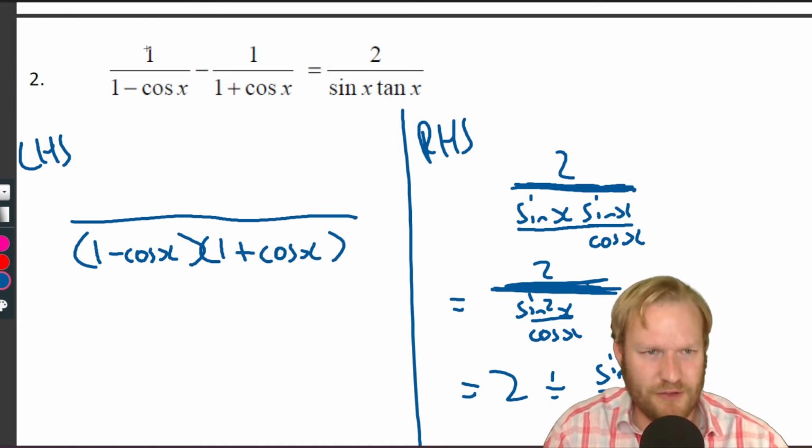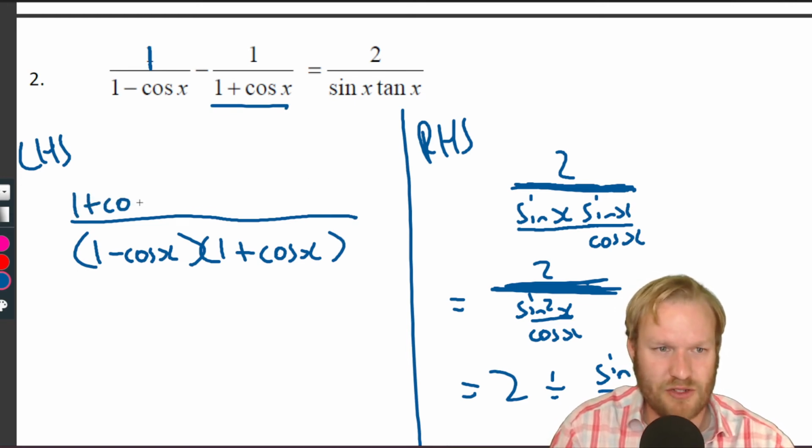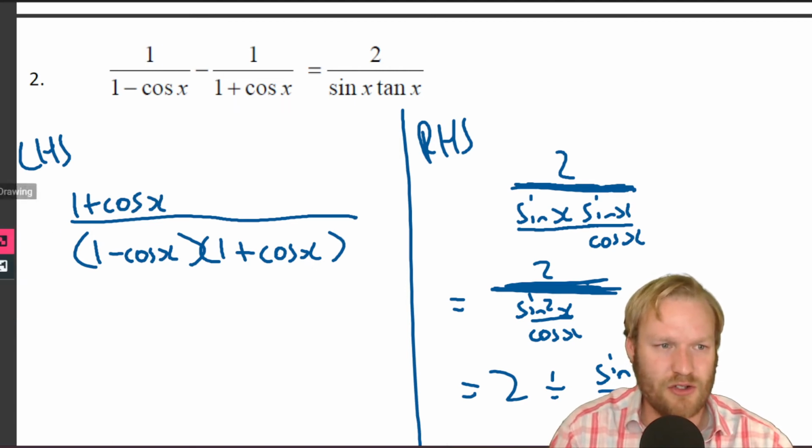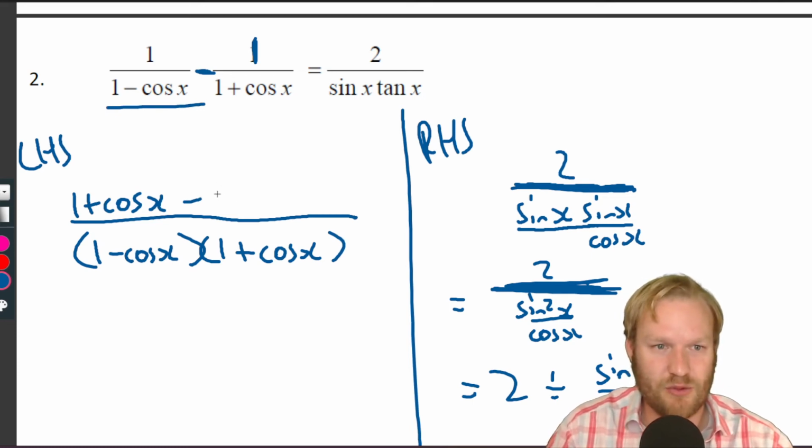Okay, which means our first term, here we've got 1, and we still need to multiply it by that denominator. So 1 plus cos x. And then we need to subtract 1 times that denominator. So minus 1 times 1 minus cos x.